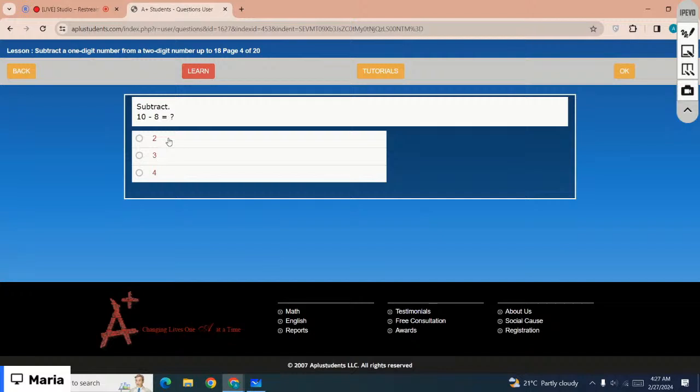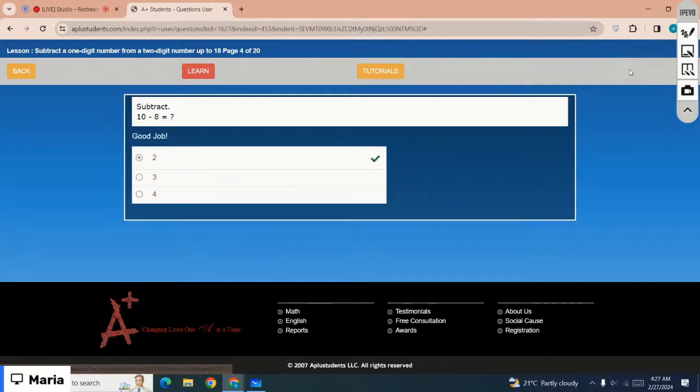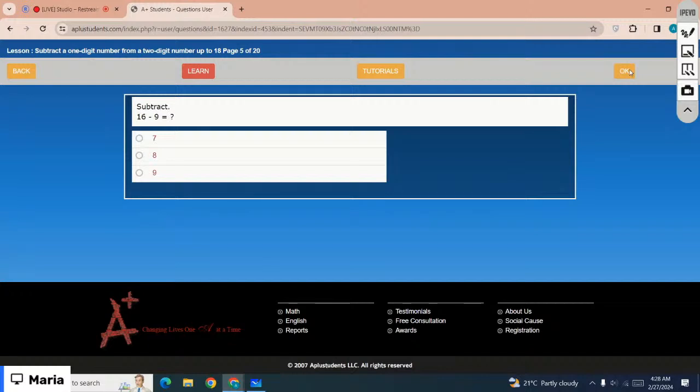The correct option is 2. The next one is 16 take away 9. So start with 16, count back 9 digits, so you end up on 7.